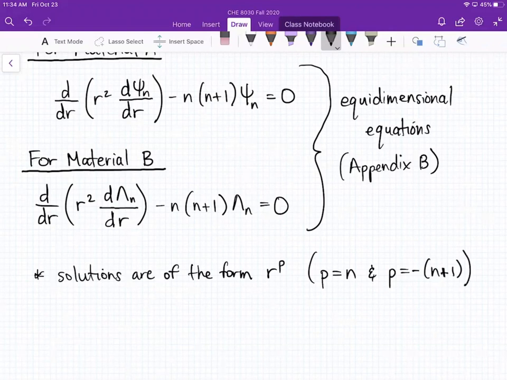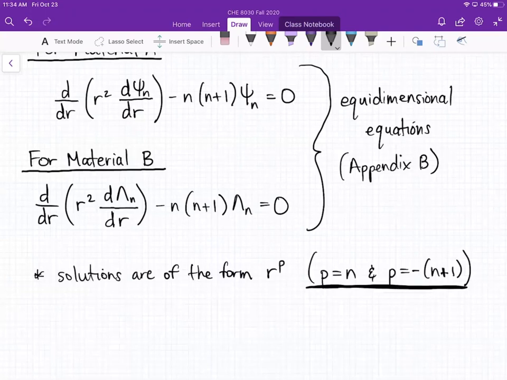I'm not sure how familiar everyone is with equidimensional equations and coming up with the solution to them. It's not clear to me that it's obvious where these roots came from, so I do want to walk you through the math there.